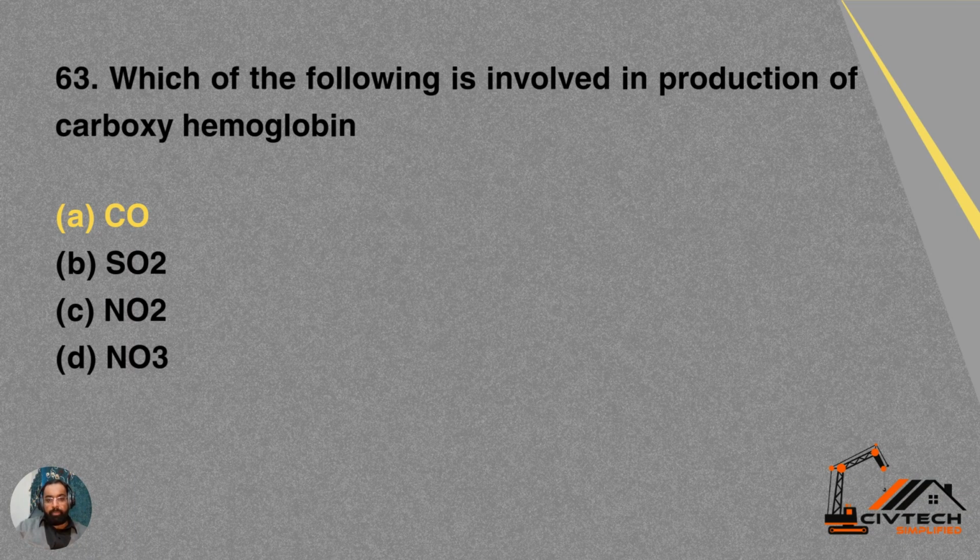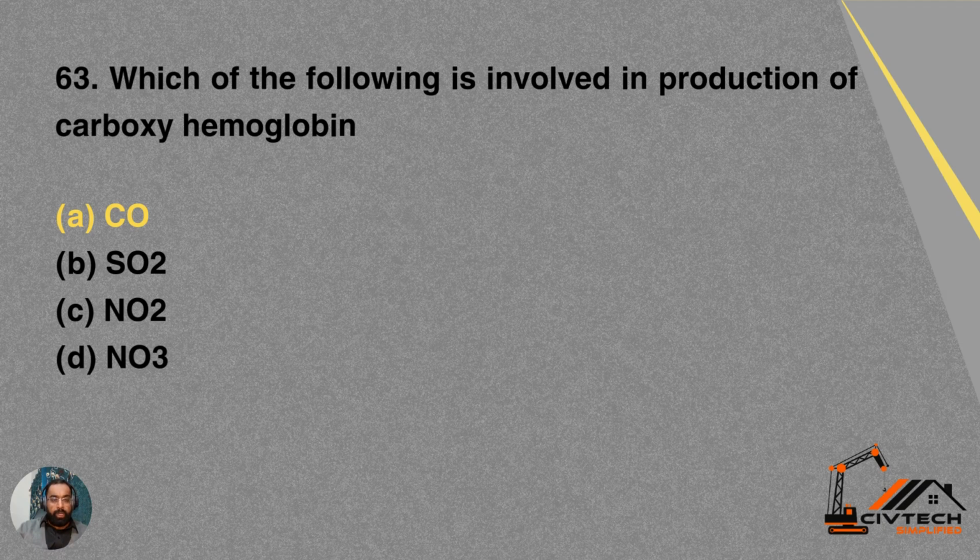Question 63. Which of the following is involved in production of carboxyhemoglobin? Option A, carbon monoxide. Option B, SO2, sulfur dioxide. Option C, NO2.